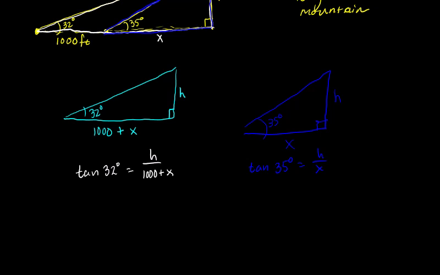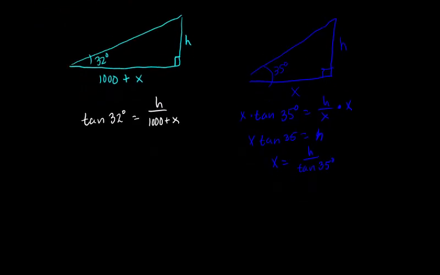So what I'm going to do is, in this problem over here, I am going to get x alone. So I'm going to multiply by x. And so I'll have x times the tangent of 35 equals h. And then I'm going to divide by tangent of 35. So x equals h divided by the tangent of 35.